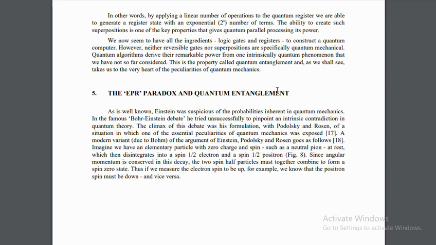The climax of this debate was the formulation by Einstein, Podolsky and Rosen of a situation in which one of the essential peculiarities of quantum mechanics was exposed. A modern variant of the argument of Einstein, Podolsky and Rosen goes as follows. Imagine we have an elementary particle with zero charge and spin.